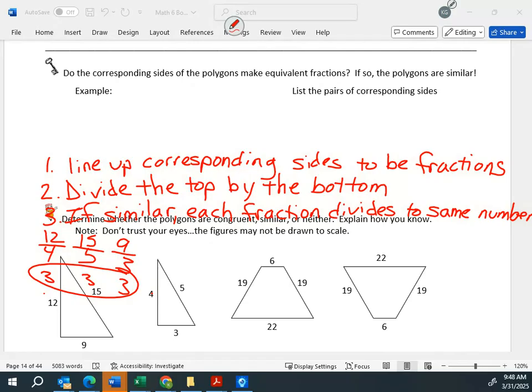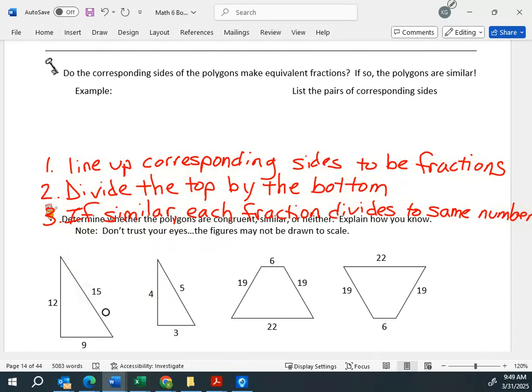It's not similar, it's not congruent. So you want to line up the corresponding sides to make your fractions. Divide each fraction and make sure they get you the same answer. Any question on that? So you need to remember to match up sides and then divide them.